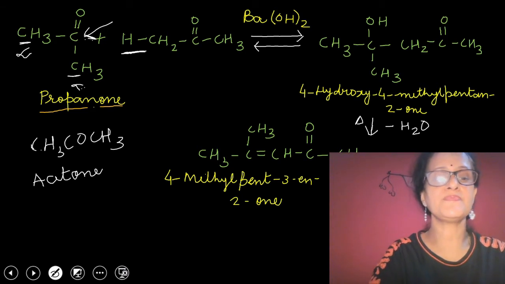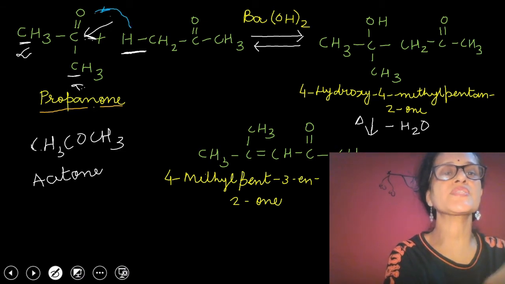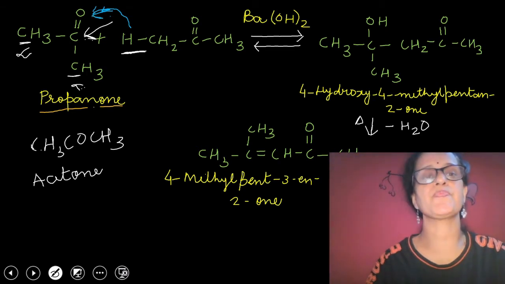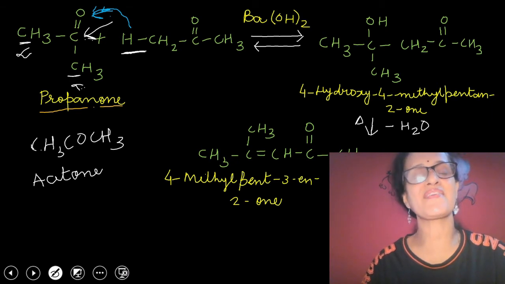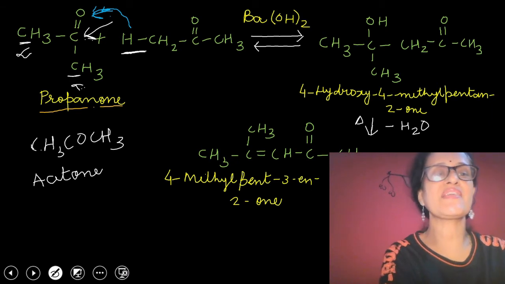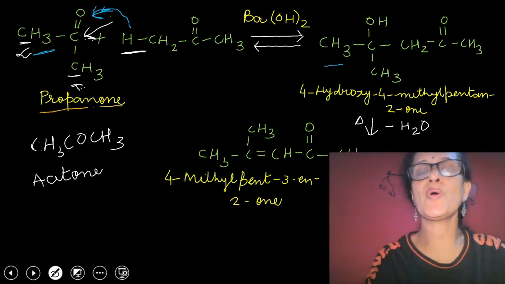You can see here, the alpha hydrogen atom of the second acetone molecule will attach itself to the carbonyl oxygen atom, and the rest of the groups and atoms I'll write as they are. So first I'll write CH3, CH3, then single bond C, but the double bond O is converted into OH.